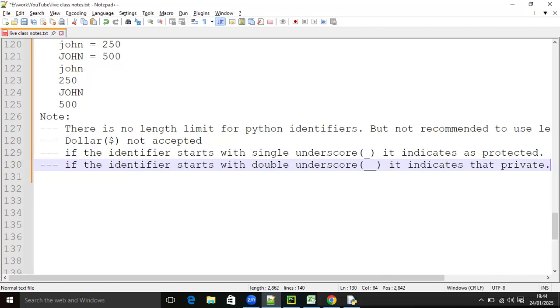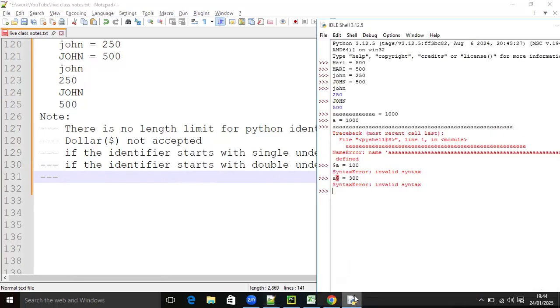And next rule, in Python we have some reserved words. What are the reserved words? Let me open IDLE. To know what reserved words Python has, import keyword.